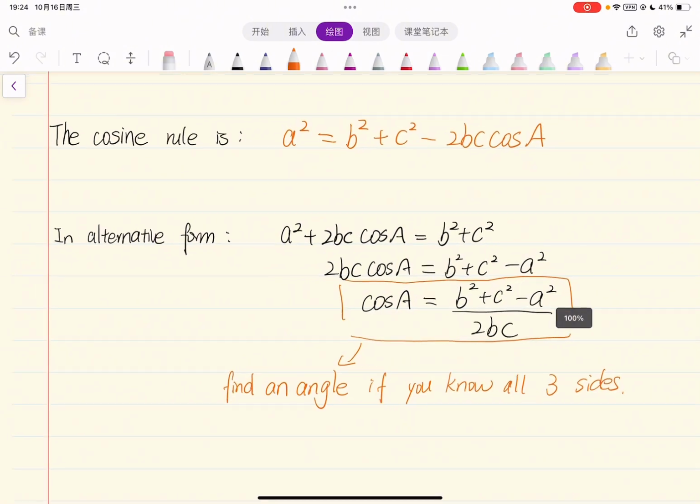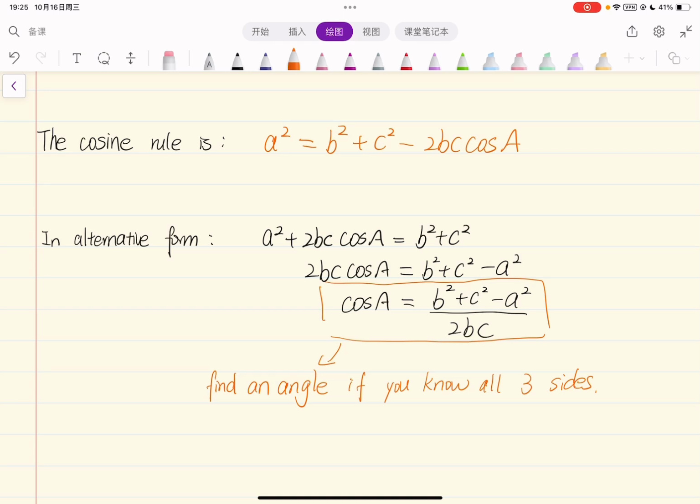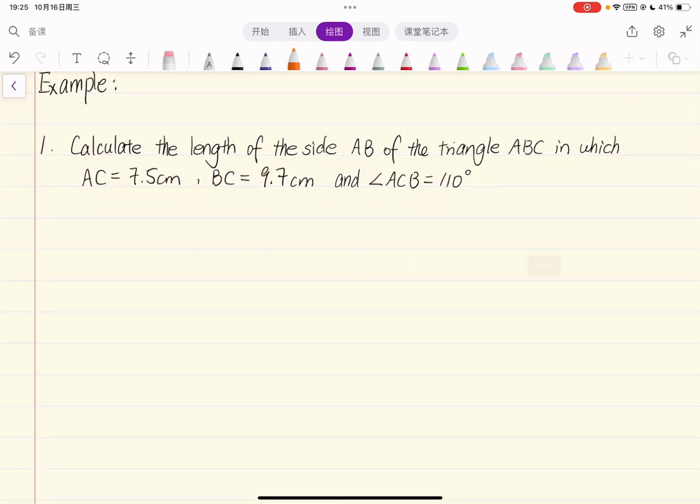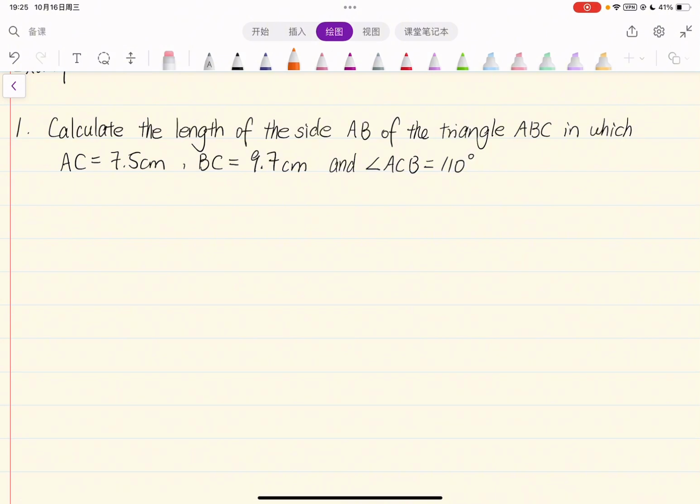Now let's see some example questions using the cosine rule. First question: calculate the length of the side AB of the triangle ABC in which AC equals 7.5 cm, BC equals 9.7 cm, and the angle ACB equals 110 degrees. Firstly, we can draw the triangle and label the sides.